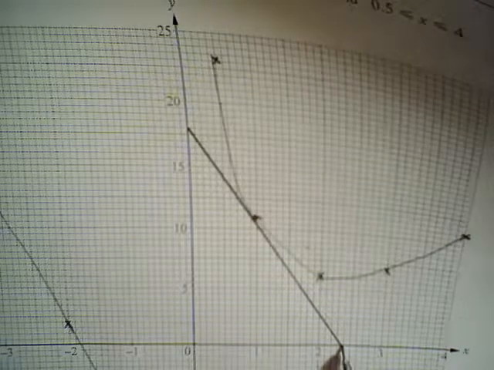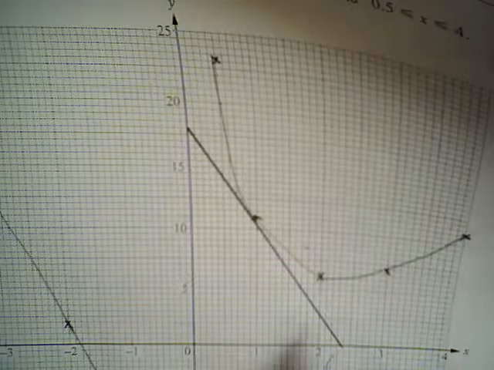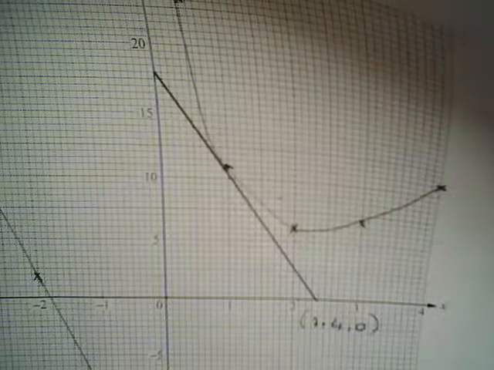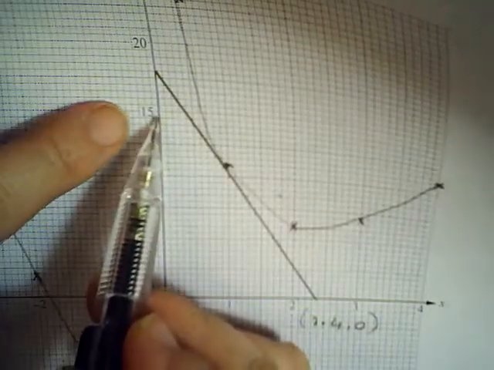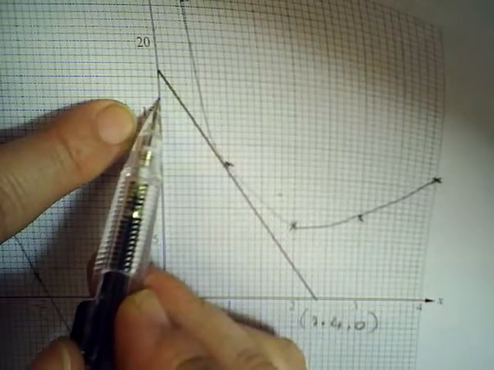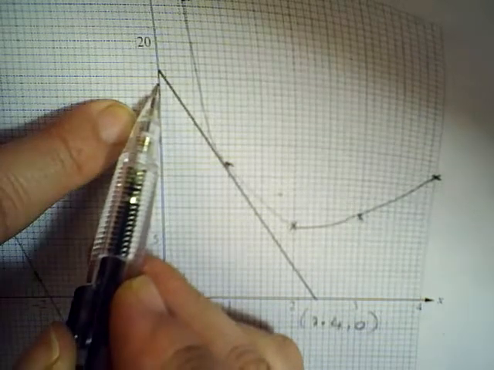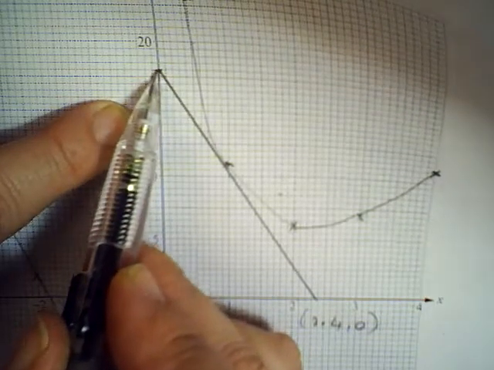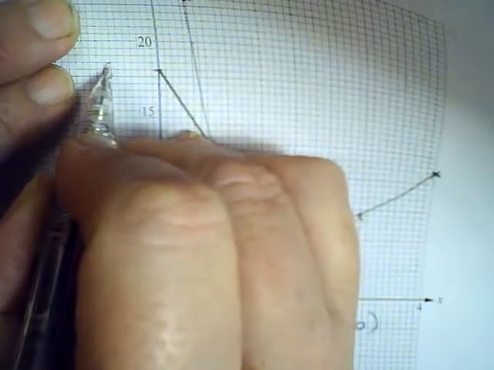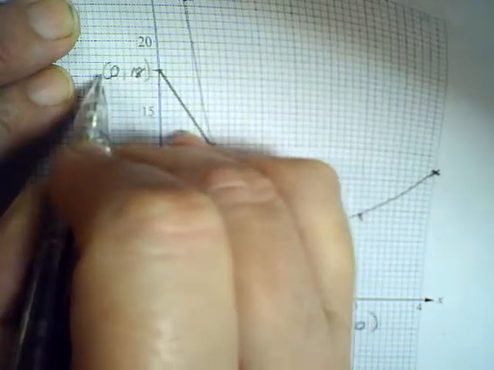So this point over here, I'm just going to write it down, is 1, 2, 3, 4. 2.4 and 0. The point over there, 15, 16, 17, 18. So it would be 0 and 18.